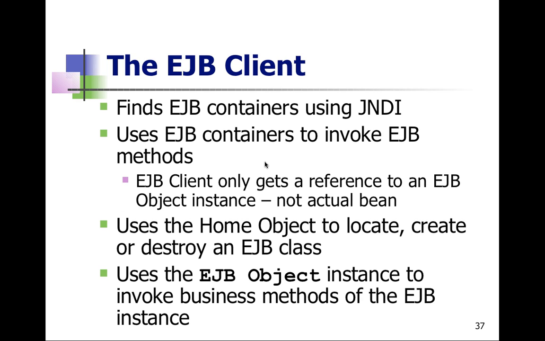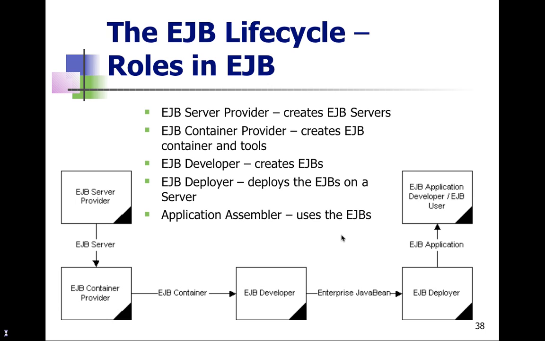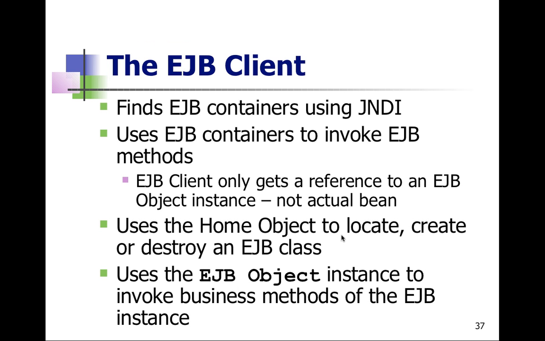So the client only gets the interface, uses the home object to locate, create, or destroy Enterprise Java Bean classes, instances of classes, and uses the object instances to invoke business methods on the Java Bean instance itself. And just for terminology's sake, although the slide set says classes all over the place, classes don't run in real time.